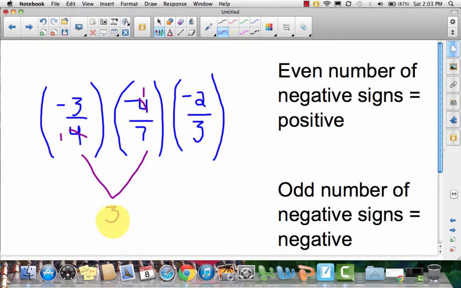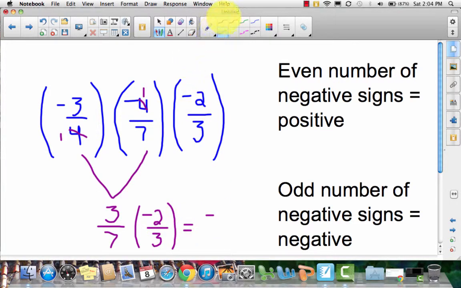A 1 times a 7 gives me a 7. And I'm then going to bring down that last fraction, and I'm going to multiply my answer, 3/7, times negative 2/3. And now I know that I'm multiplying a positive times a negative. Those are different signs, so my answer is going to have a negative value.